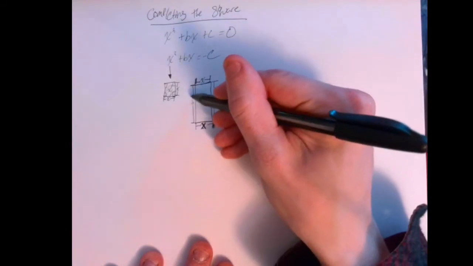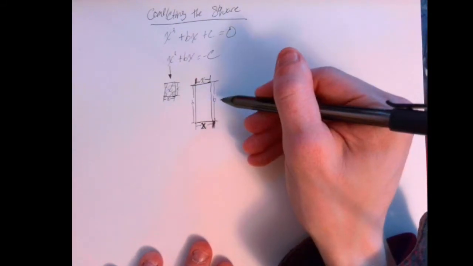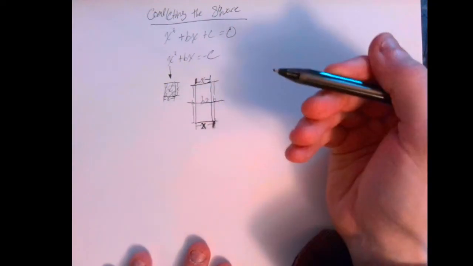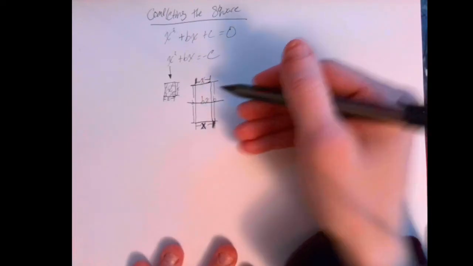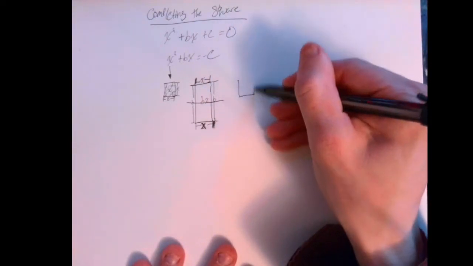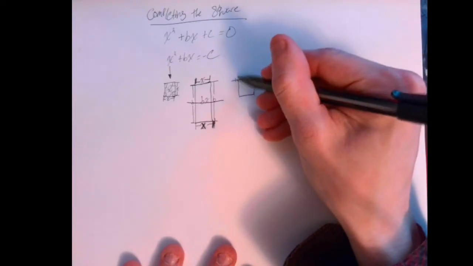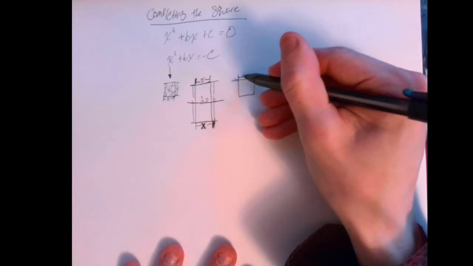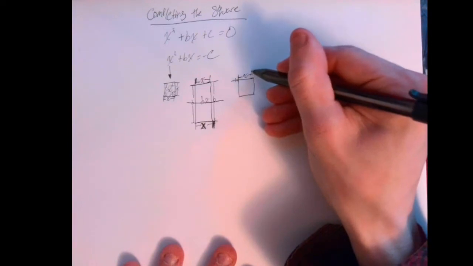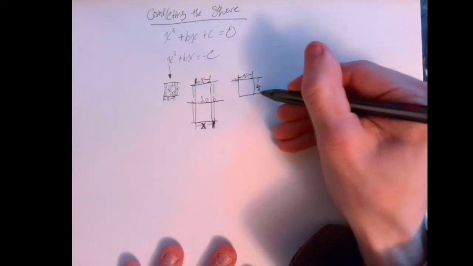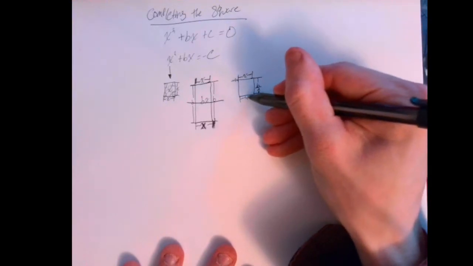So if we take this rectangle with the area bx, we chop it in two, cut it in half, what we'll get is two smaller rectangles with top length still x, and this length will be b over 2. And this will be x.